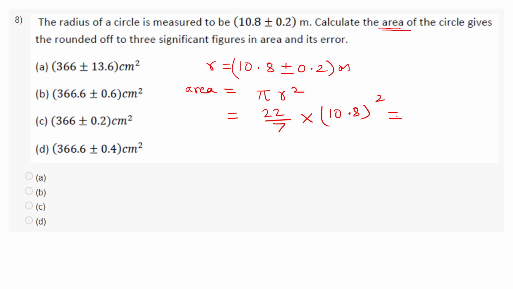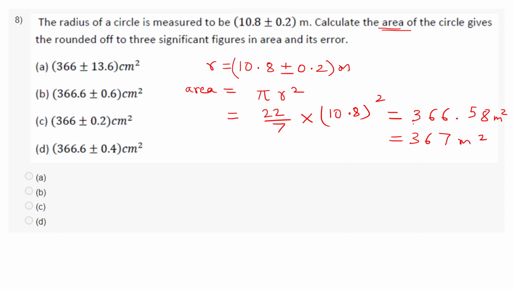Let's see what we get. 10.8 times 10.8 multiplied by 22 divided by 7, we'll get 366. I'll round it off to 3 significant figures because otherwise I'm getting 5, 8 and more digits, to get 367 meters square.